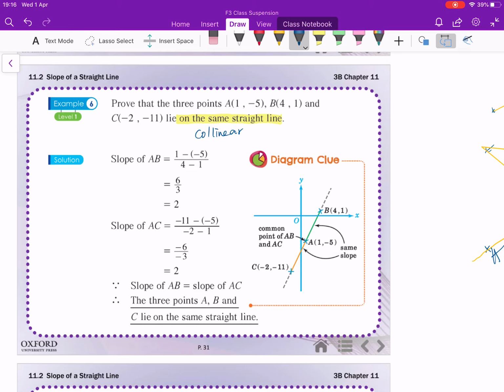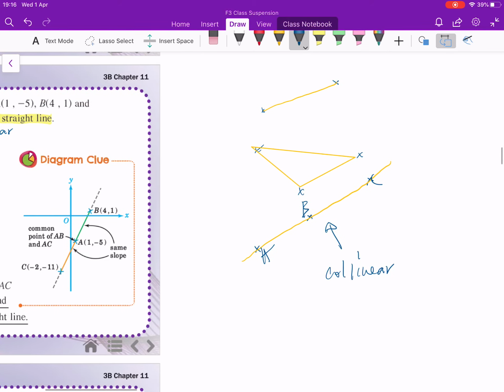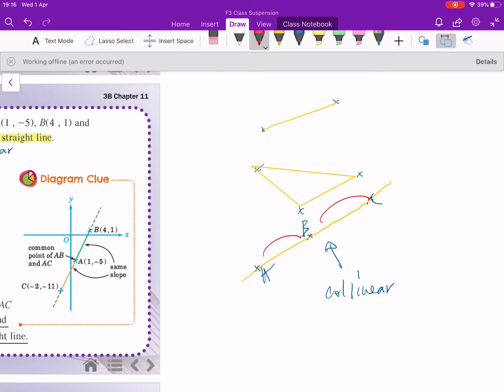Okay, as AB and BC lie on the same orange straight line, the slope of either the AB section or the BC section, both line segments, should have the same slope, because slope is discussing the steepness and the direction of the straight line.